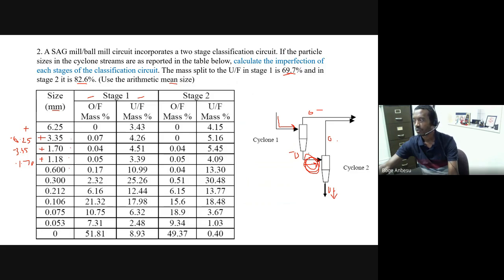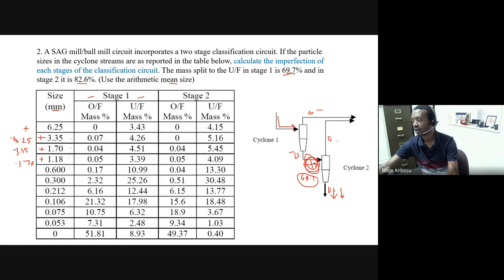Okay, so I already know what comes here from the previous example. If I assume 100 tons per hour operation, I know 69.7 tons per hour comes to the underflow, which is now the feed for the second cyclone. Of that, 82% of 69.7 comes here.